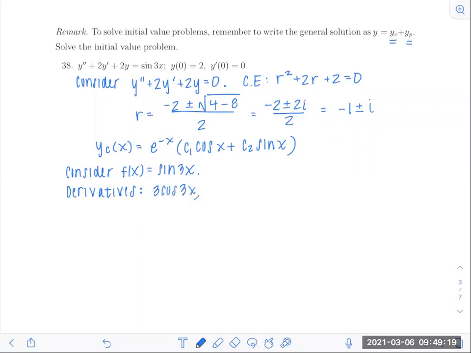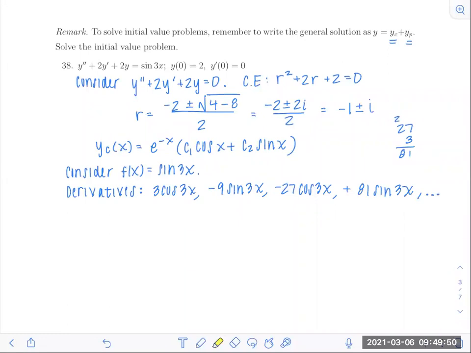The second derivative would be a negative 9 sine of 3x. The third derivative would be a negative 27 cosine of 3x. And if we go once more, it's going to become a positive 27 times 3, 81 sine 3x. And I'm just going to write a dot, dot, dot, because we could play this game forever.